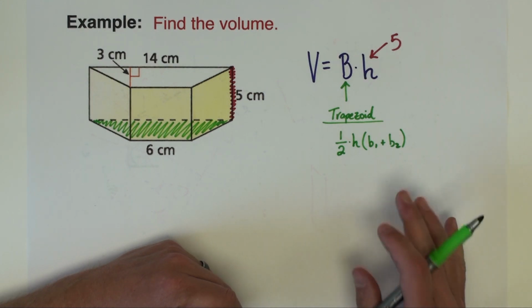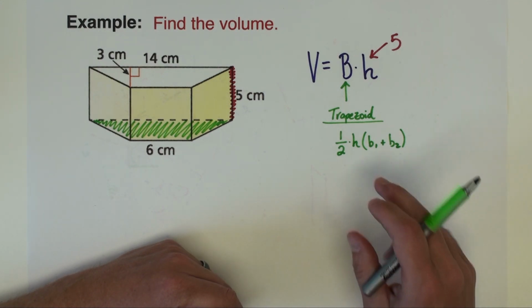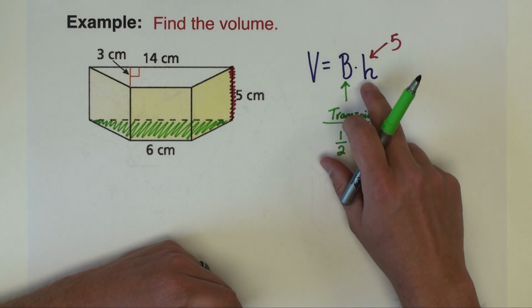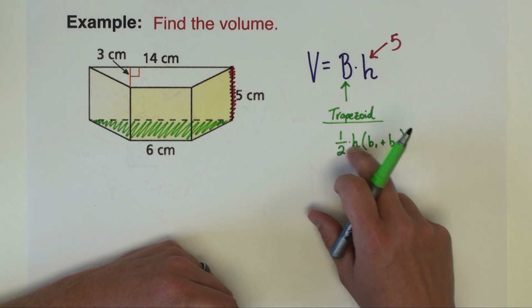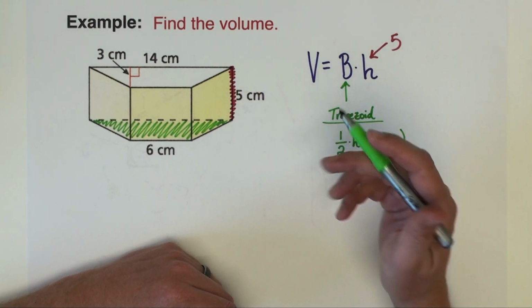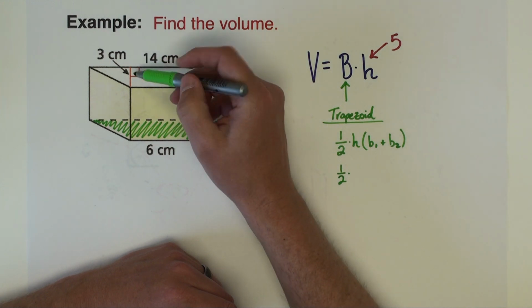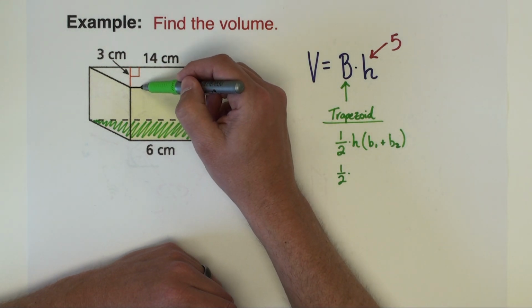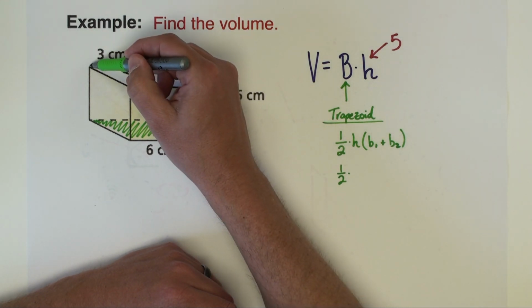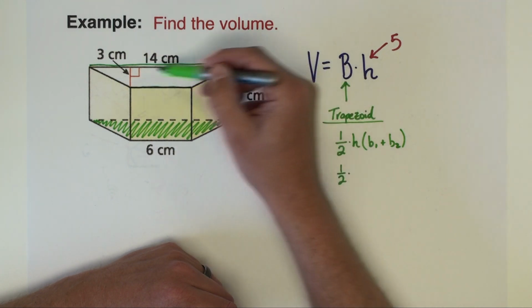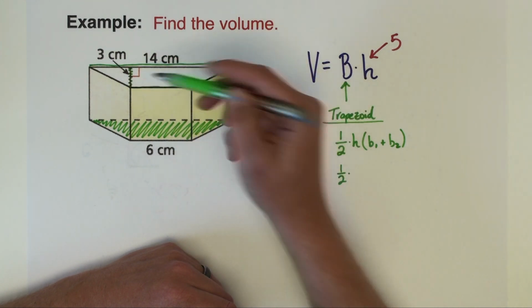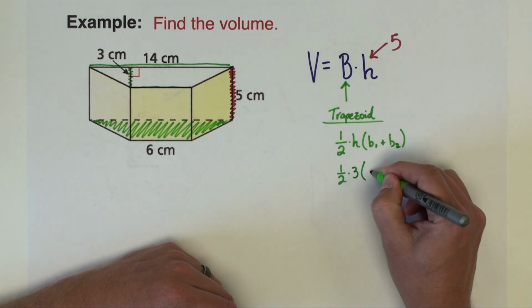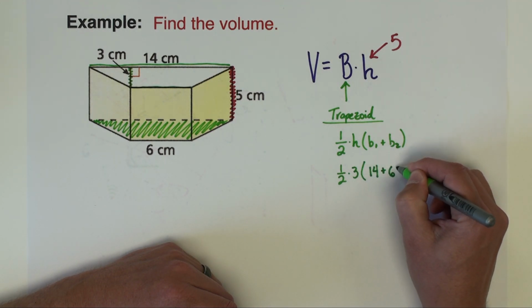And again, just like the last problem, it's important to note that this height right here is not the same as this height. This height, we are only looking at the trapezoid. Half of the height is the distance between the two parallel sides of the trapezoid. And that distance is right here, 3. And then the bases are the long length 14 and the shorter length 6.